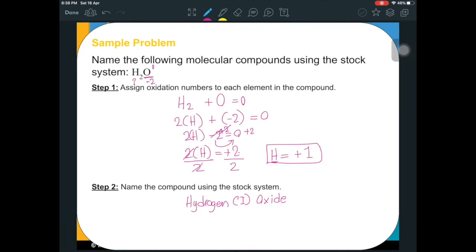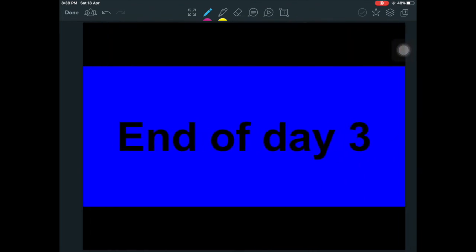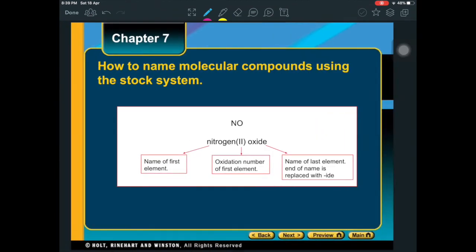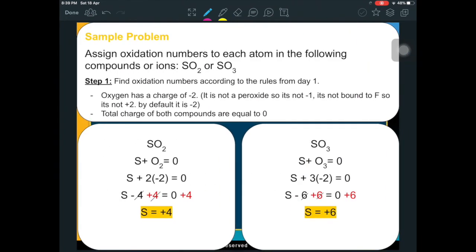So this is the basic thing that you've got to be able to follow. You have to be able to find the oxidation number of the compound and then give it a name, all right? So let's go ahead and just name a few of these ones that we talked about from before. So let's say this one.